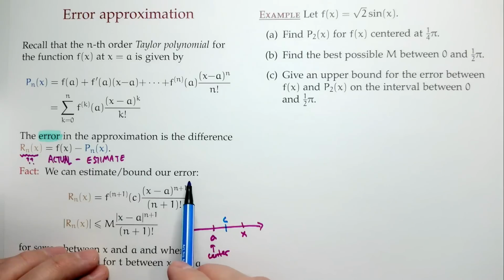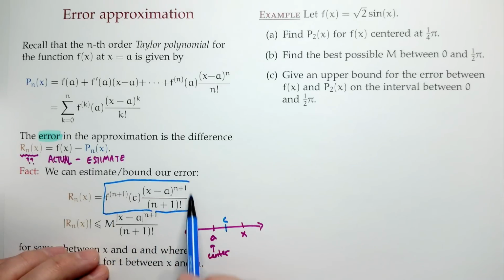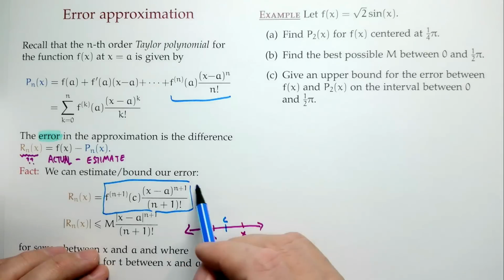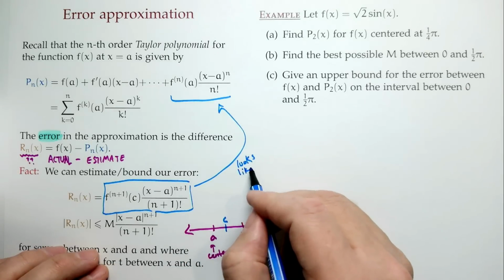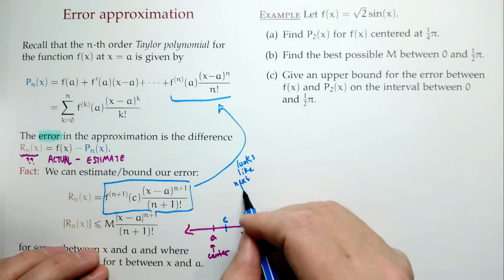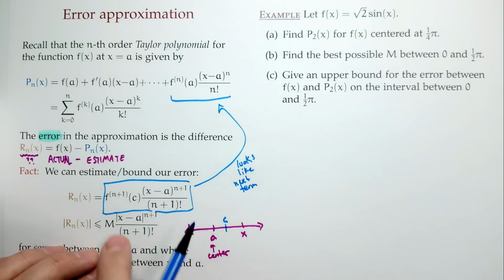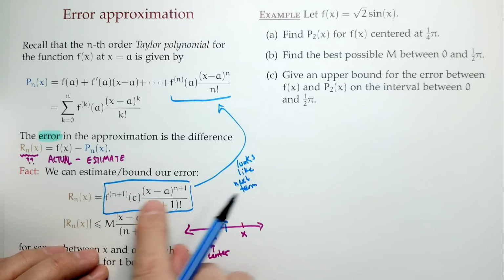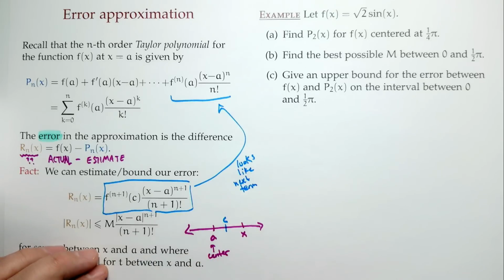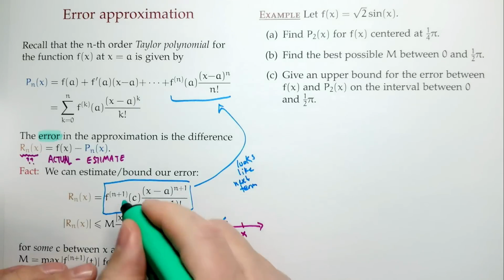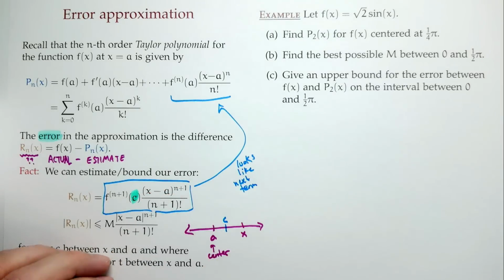Now, if you look at this, it looks like our next term. And that's because it does look like our next term. It really looks like the n plus first derivative, x minus a to the power n plus 1 over n plus 1 factorial. What's the difference? Here's the key. It's not at a, it's somewhere else, at some point c, where c is in between a and x.